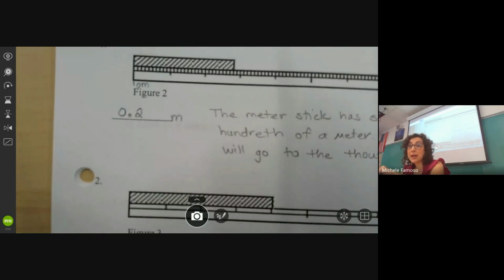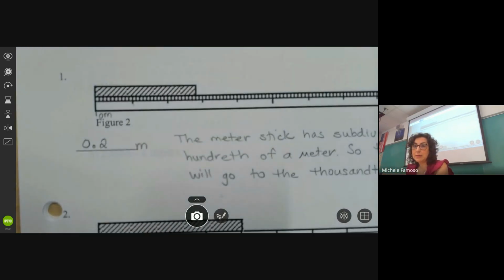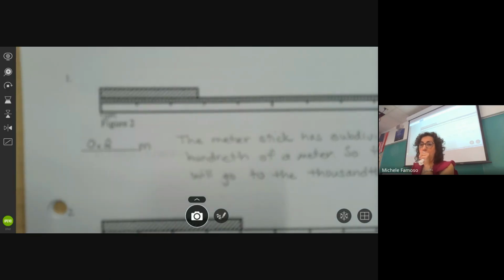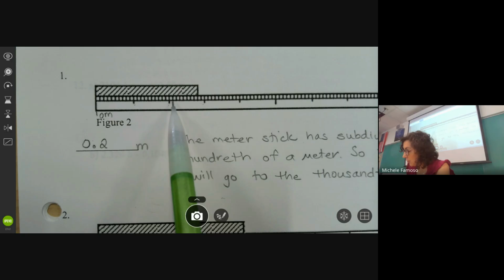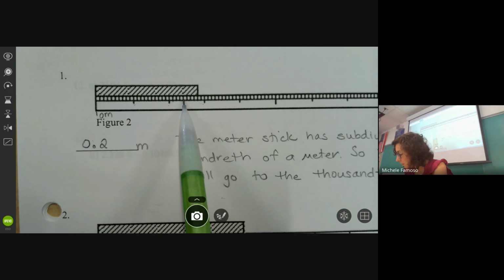I'll zoom in some more. See, I have a camera. I can do that. What would you put? I'm counting these little lines between 1, 2, 3, 4, 5, 6, 7, 8.